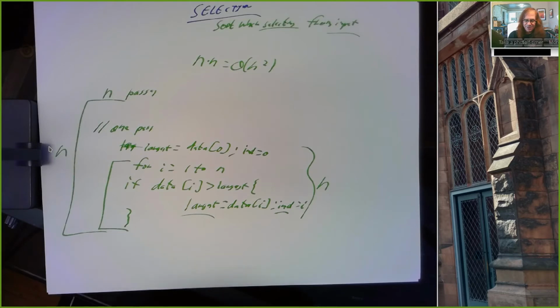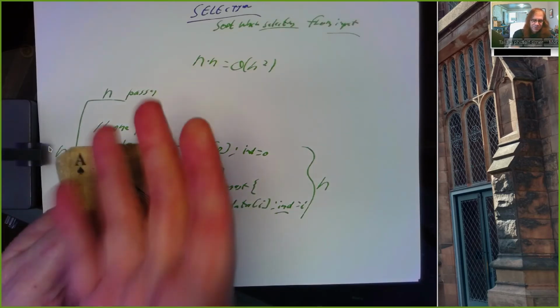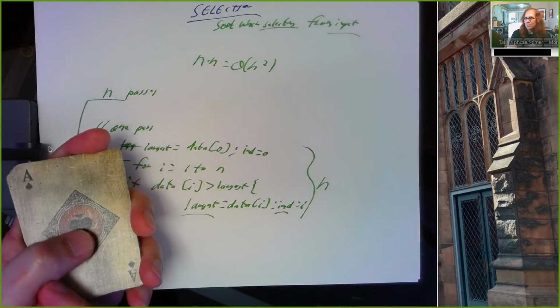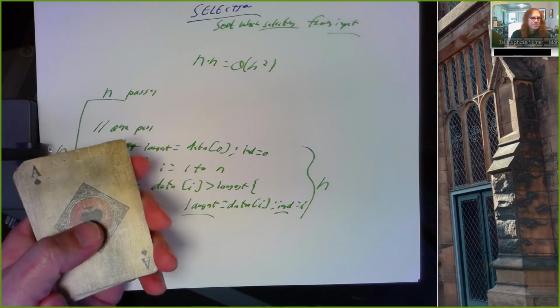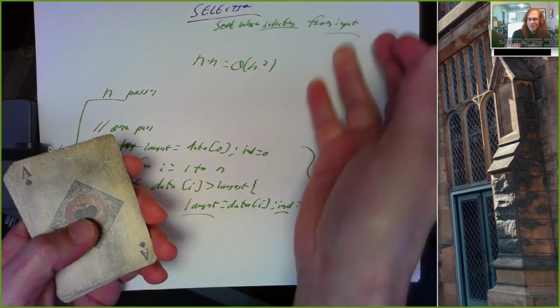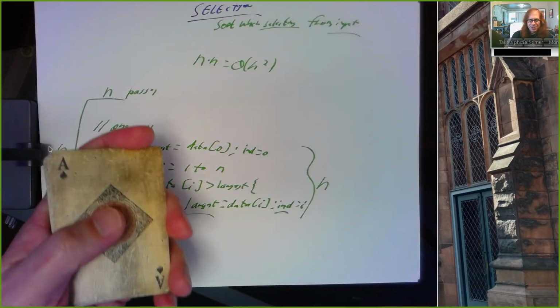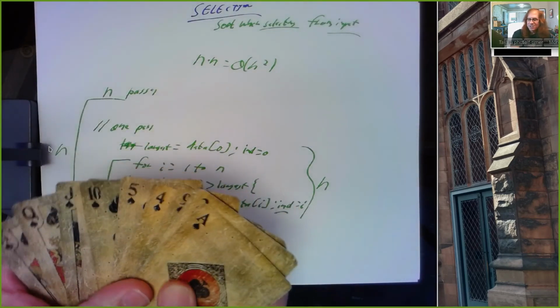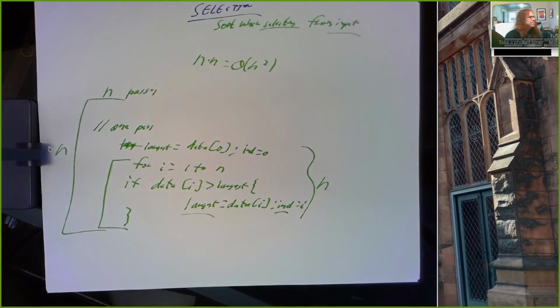Even if our largest number is on the bottom to begin with, or if our largest was on the top to begin with, we still need to look through the entire input array to know that that's the largest or the smallest number. And then adding it to the output array is a quick operation. All the work is happening in the selection, and having your data sorted or not sorted doesn't make any difference, right? So we don't really get a benefit, but we also don't get a penalty from the data being sorted to begin with.